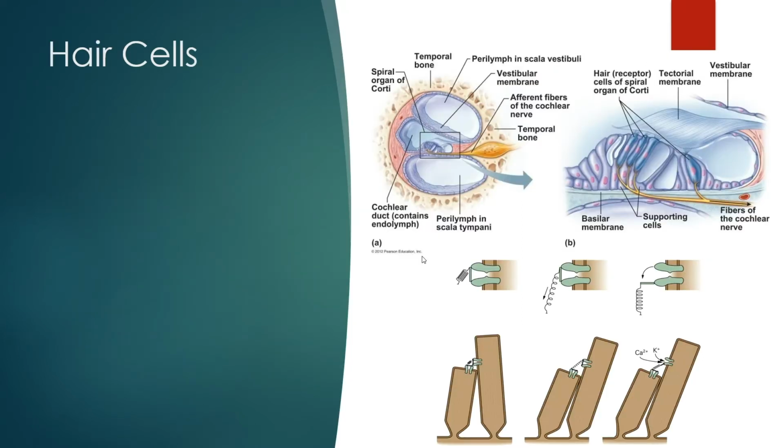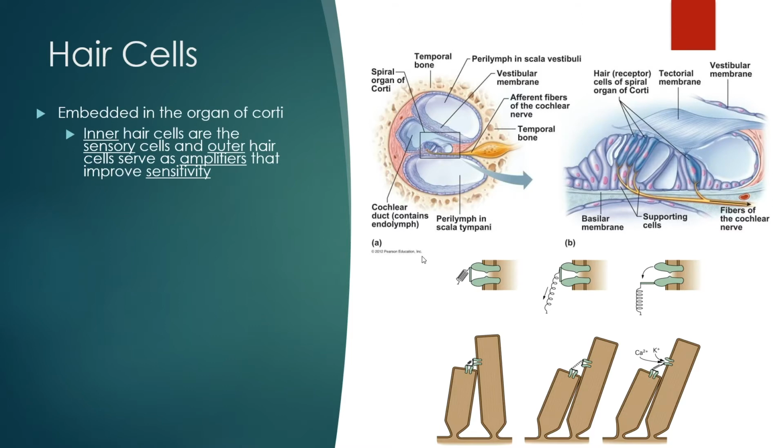So the hair cells themselves are pretty incredible, honestly. We have inner hair cells, we have outer hair cells. They're embedded in the middle of the cochlea, in what they call the organ of Corti, here in the middle. The inner hair cells are the ones that are actually doing the sensation. They're the ones that are sending the neural impulses that the brain is interpreting.